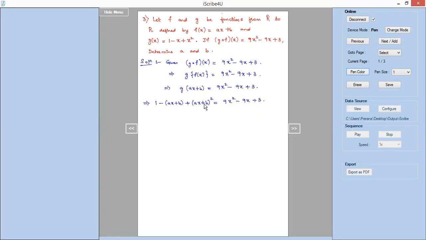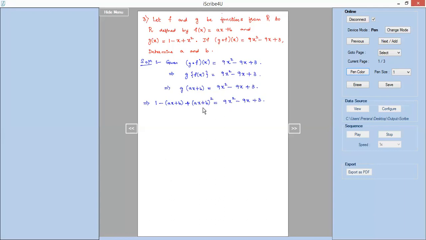Were you able to follow this? So we have ax plus b. In place of x, we have taken ax plus b. So G function is defined as 1 minus x plus x square. So 1 minus x, in place of x, I have to replace by ax plus b plus ax plus b the whole square. Right? So let us expand the square term, a plus b whole square formula.